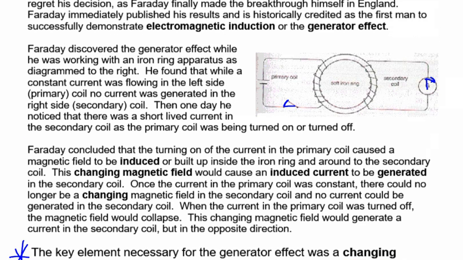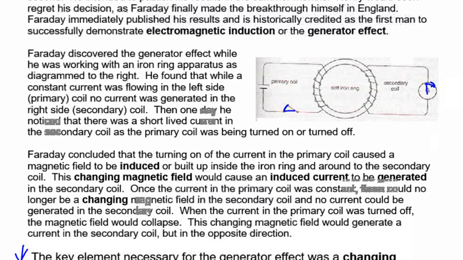Going back to this, when he turned this switch on for a second for this coil, the electricity started to go around the loops. That electricity going around the loops would create a magnetic field going around them.